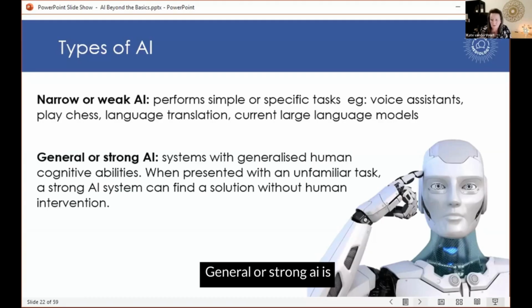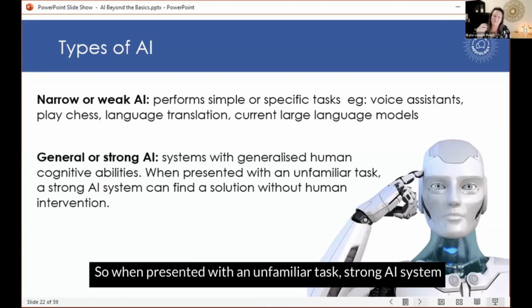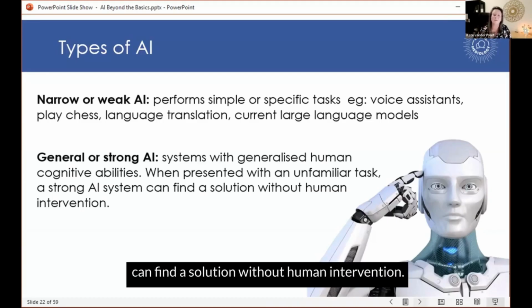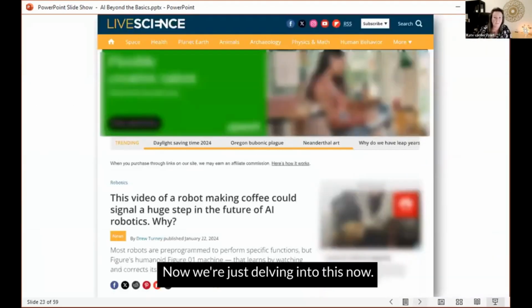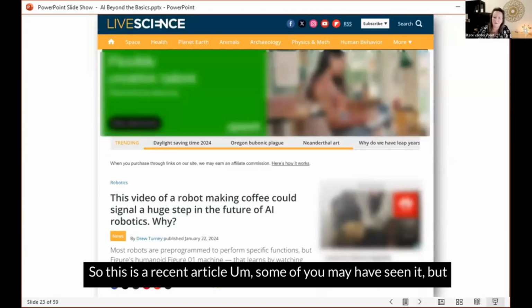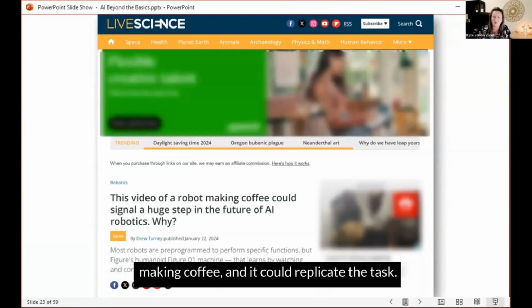General or strong AI is systems with generalized human cognitive abilities. So when presented with an unfamiliar task, a strong AI system can find a solution without human intervention. Now we're just delving into this now. So this is a recent article. Some of you may have seen it, but a video of a robot making coffee that it watched a human making coffee and it could replicate the task.